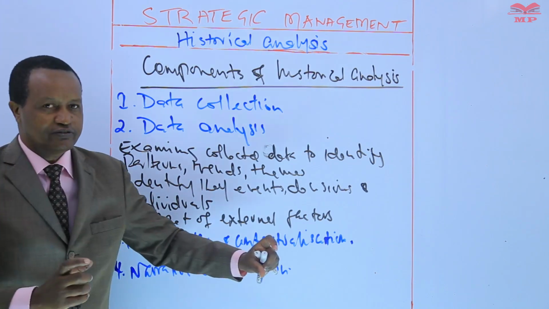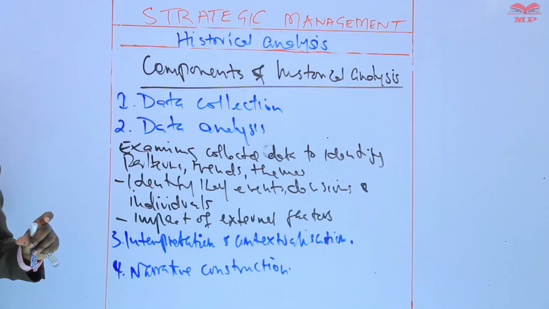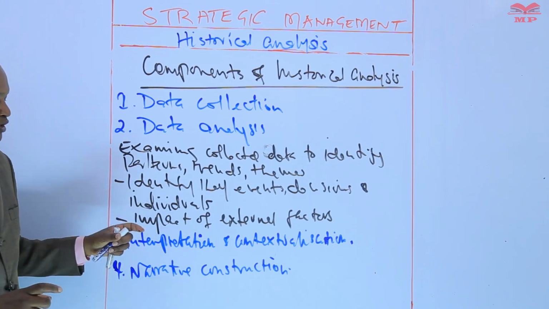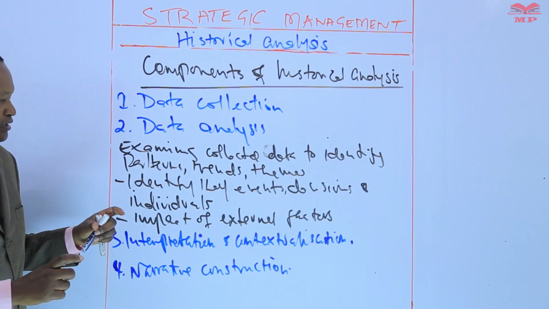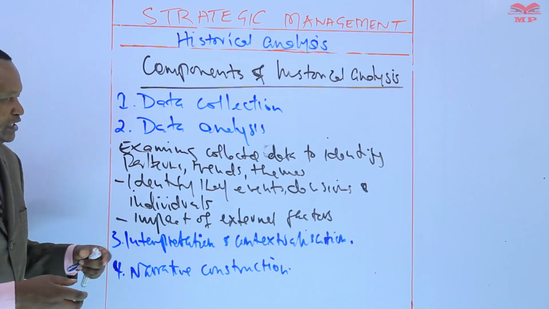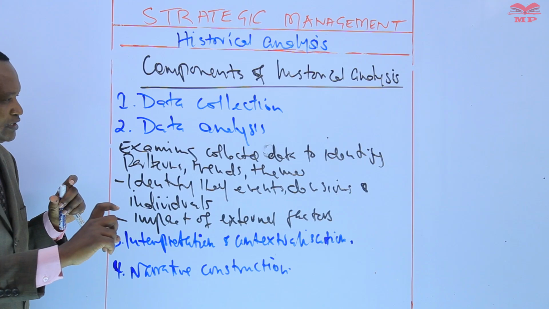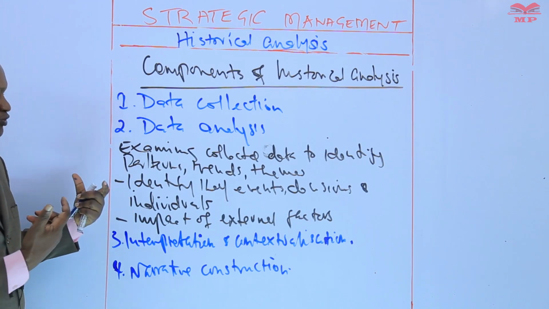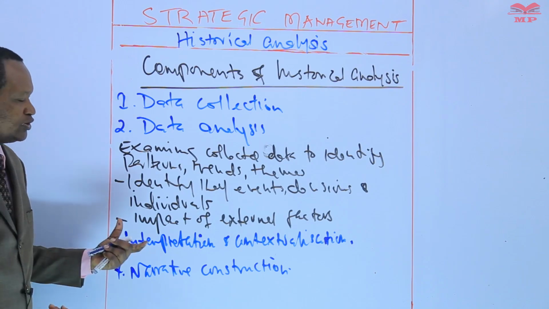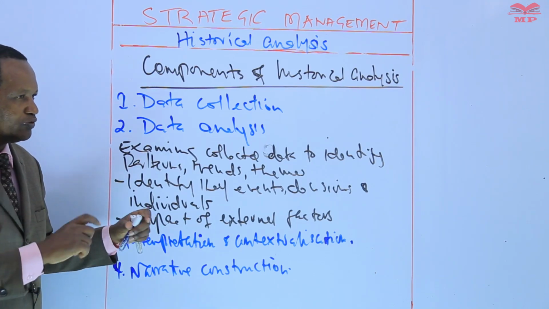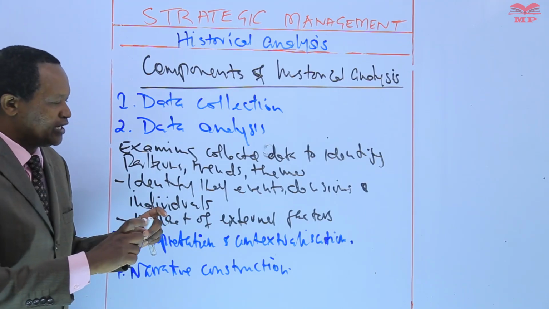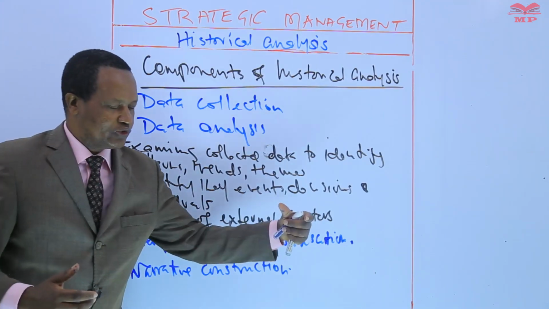That is narrative construction, weaving together the various pieces, because you've made the interpretation, you've looked at the impact of external factors, you've identified the key events, you've seen the patterns, the key decisions, you've been told about individuals who've made the key decisions, you've looked at the impact of the social, political, economic and technological factors on an organization's history or development.